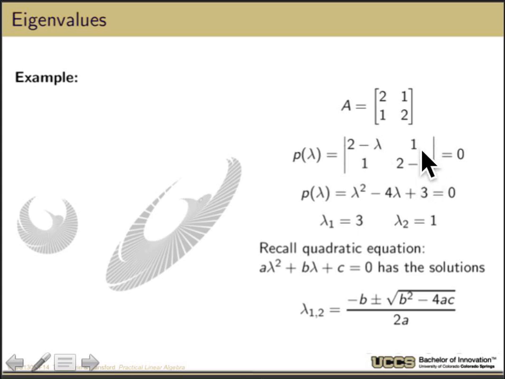Again, we do the determinant with a cross, so we get lambda squared, and collect all the terms. We're going to get lambda squared minus 4 lambda plus 3. That's just a bit of algebra. And this polynomial has 2 real roots: lambda 1 equals 3, and lambda 2 equals 1. You can verify that by sticking them back in. You put in 3, you get 9 minus 12 plus 3, which is 0, and likewise for 1.